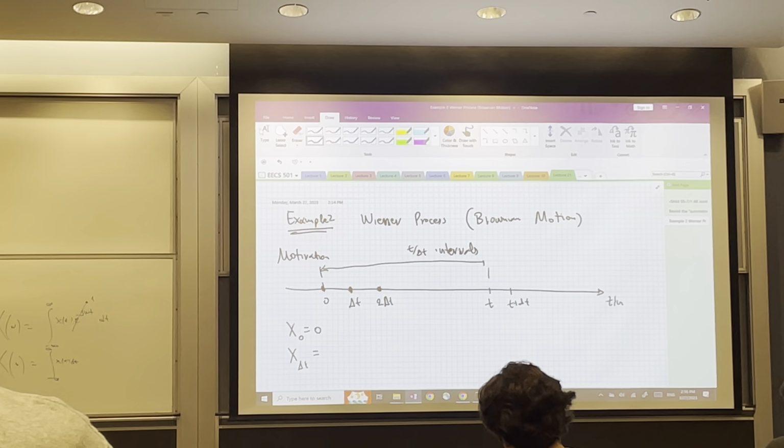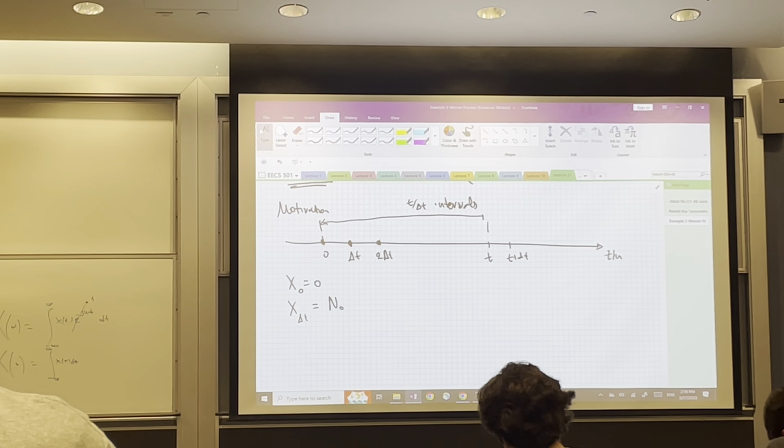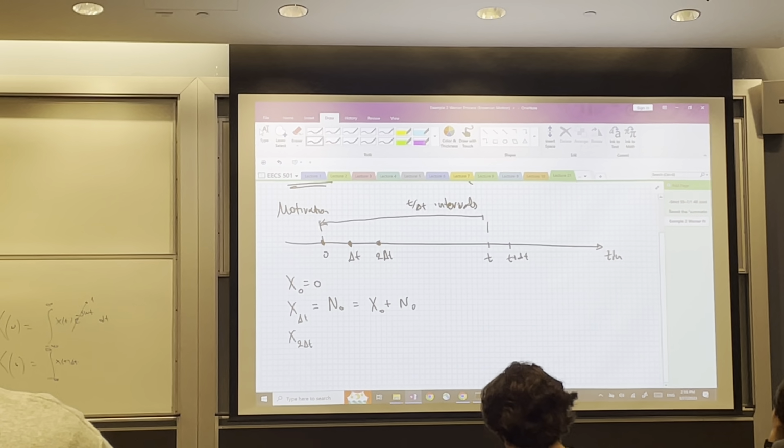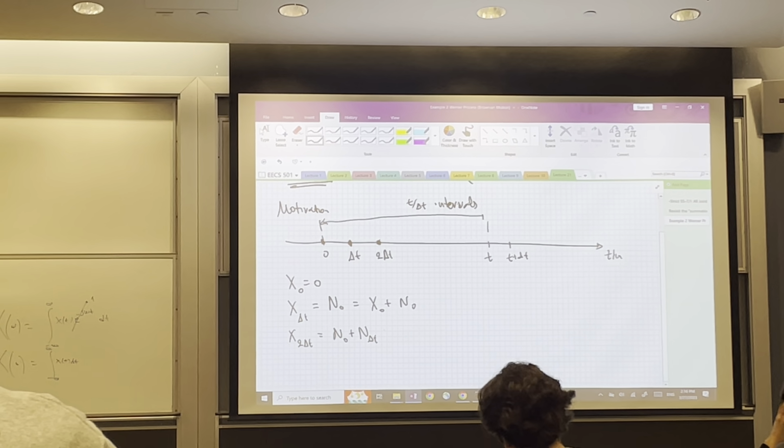X of delta t is some Gaussian random variable that I call n0, which is x0 plus n0. Then x of 2 delta t is n0 plus n of delta t, so the sum of two Gaussian random variables, which is x of delta t plus n of delta t. x of 3 delta t is going to be the sum of three Gaussian random variables, which is x of 2 delta t plus n of 2 delta t.